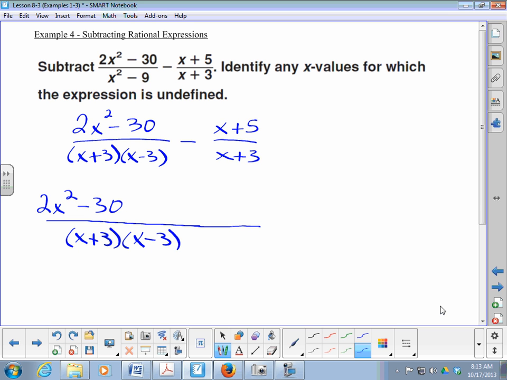Okay. Now, since the one on the right is missing x minus 3, I've got to multiply the numerator and denominator by x minus 3. Now, what I'm going to do is I'm actually going to write that minus quantity x plus 5 times quantity x minus 3. Okay? I'm writing it because I don't want to forget anything.